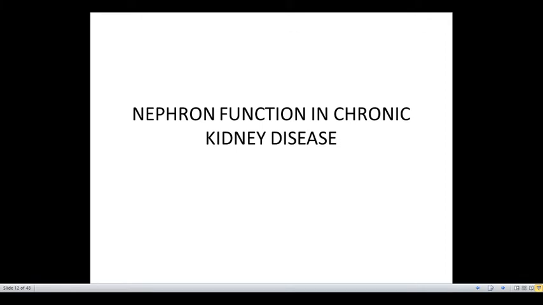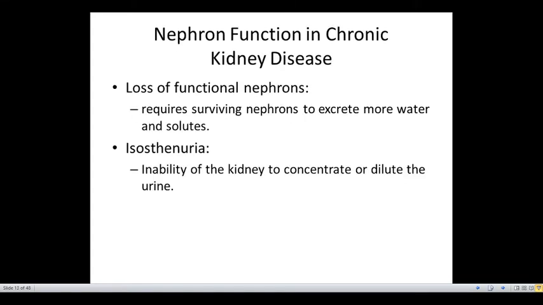Nephron function in chronic kidney disease. Now, there are two aspects of nephron function in chronic kidney disease.